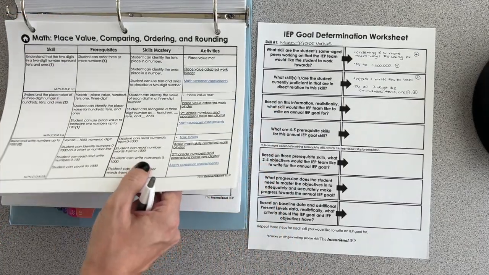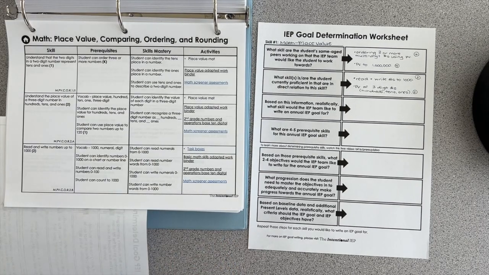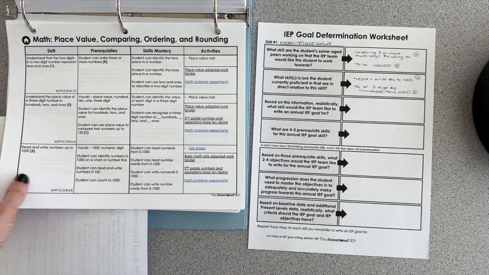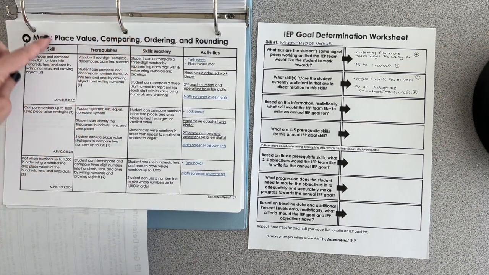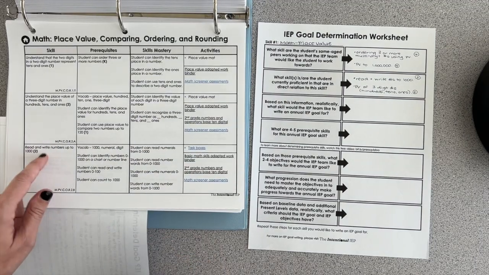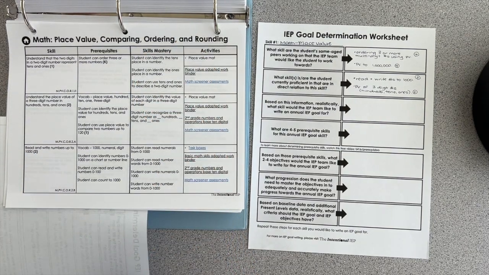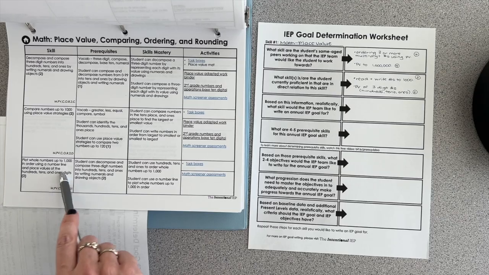So I'm going to actually use one of these other worksheets to hold that page in place so I don't lose it. You could use paper clips to hold it in place, or little tabs. But so now what I'm going to do is I'm going to work through the matrix as I go this way. These are skills. So if she's starting here, anything above it, as I work backwards, is a prerequisite skill for the skill that she knows, right?